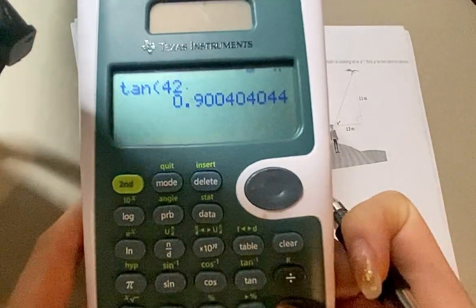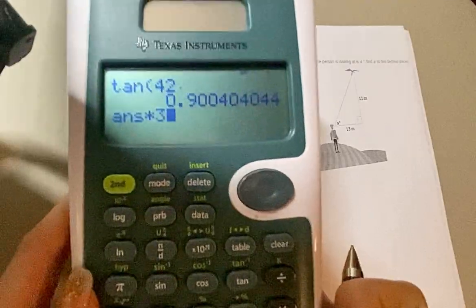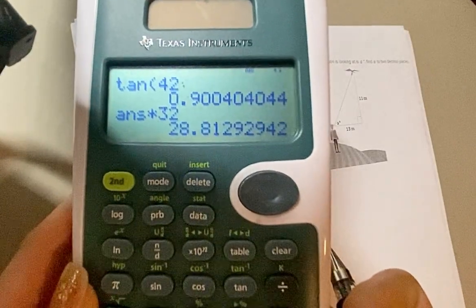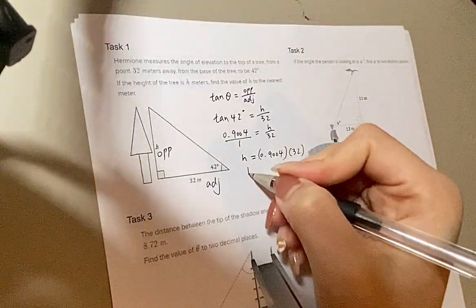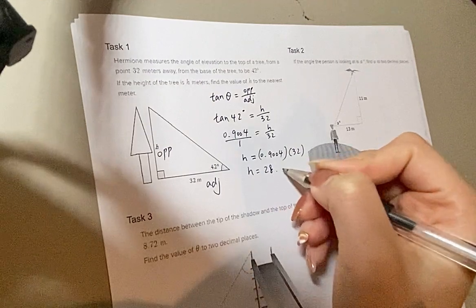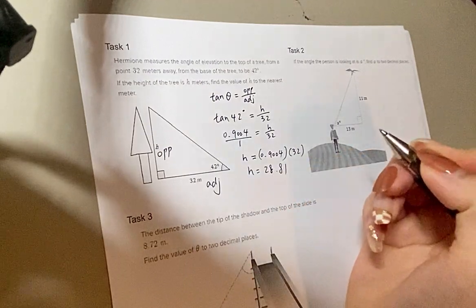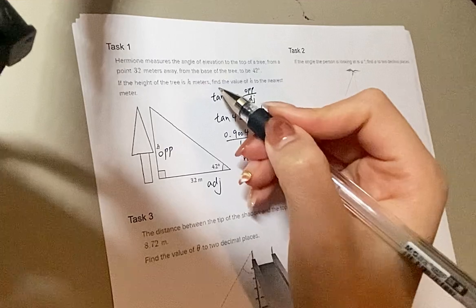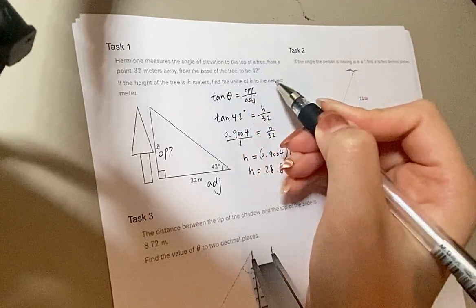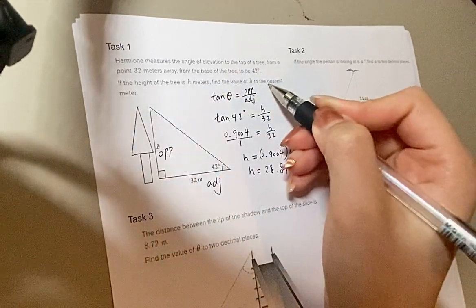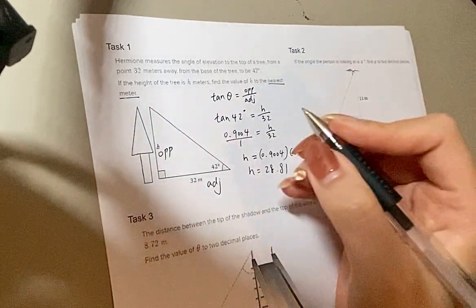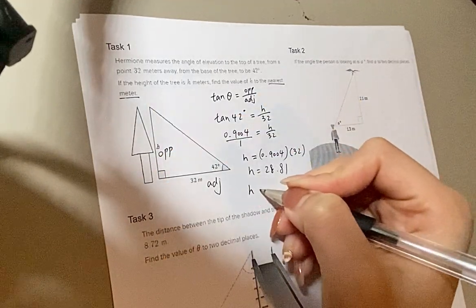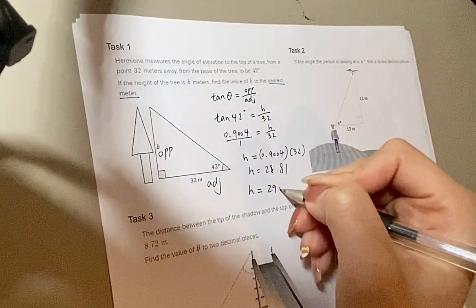So h would be this number times 32, which is 28.81. And be careful. When we're looking at the question, it says find the value of h to the nearest meter. So nearest meter. So we would have h equals 29 meters.